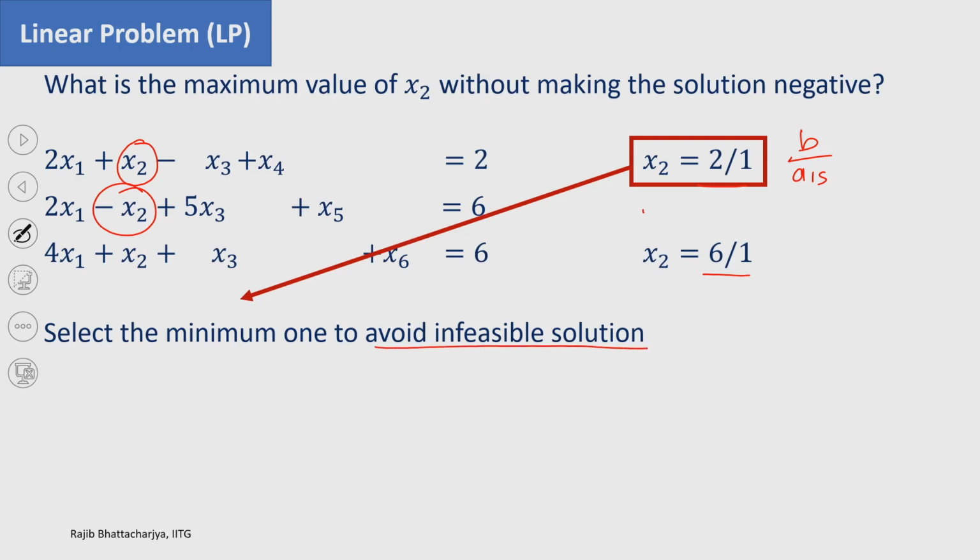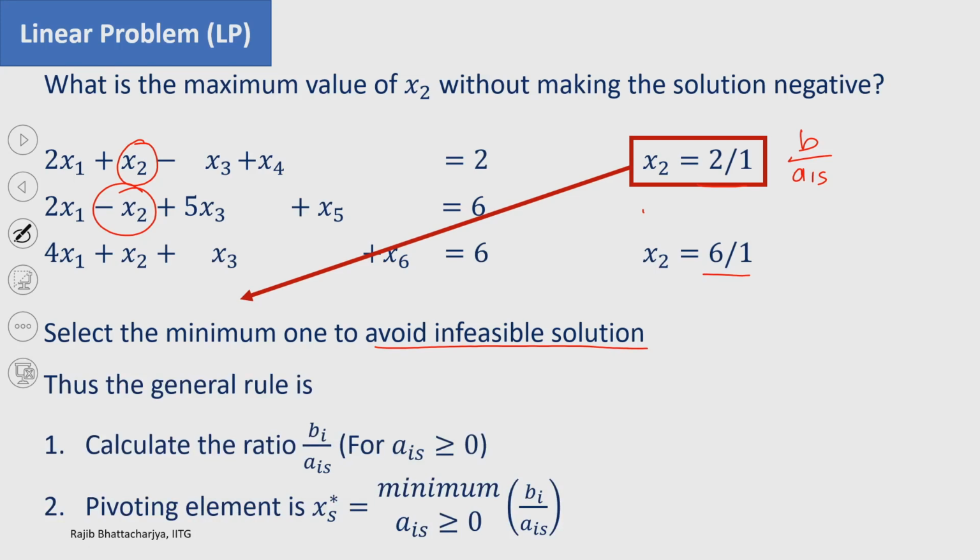So, what is the rule now? Thus, the rule is to calculate the ratio b i by a i s, where a i s is the coefficient of the incoming variable and a i s should be positive. If it is negative, we will not consider it. Then the pivoting element x s star is the minimum of this ratio b i by a i s.